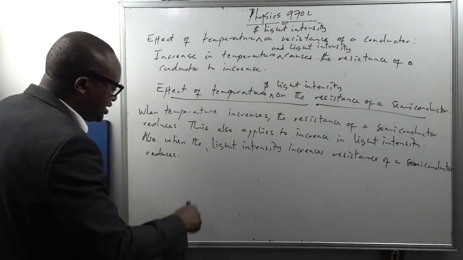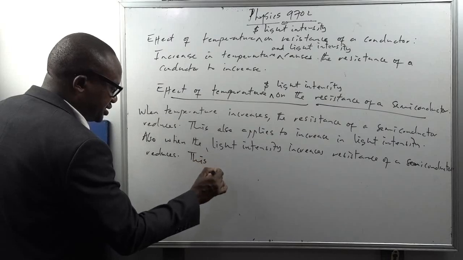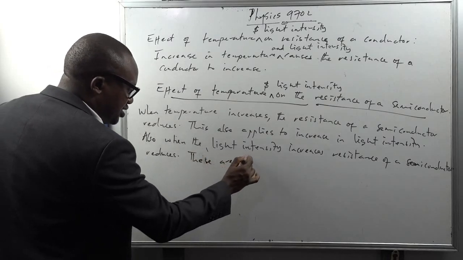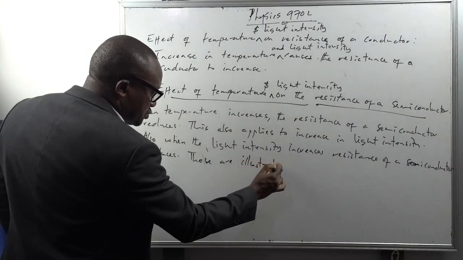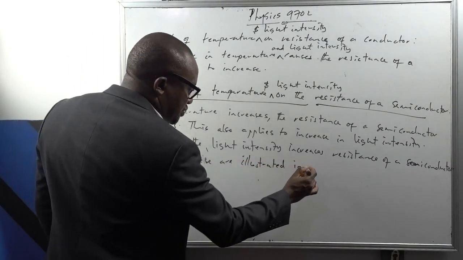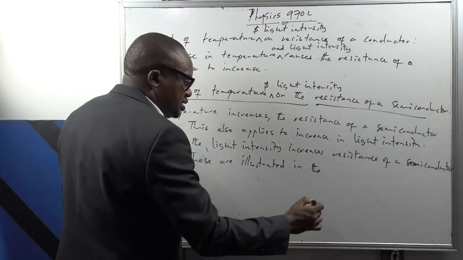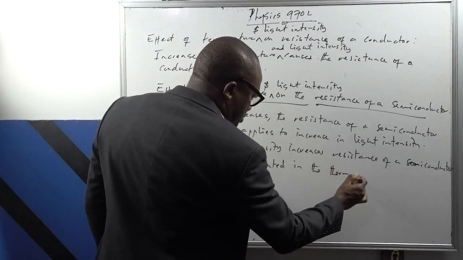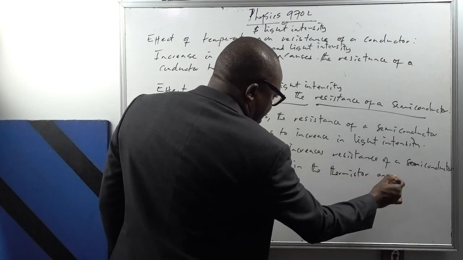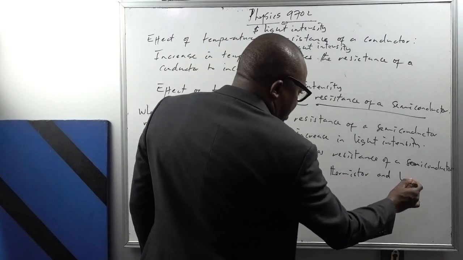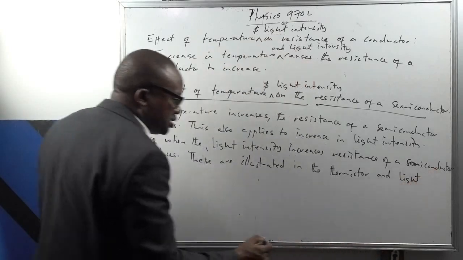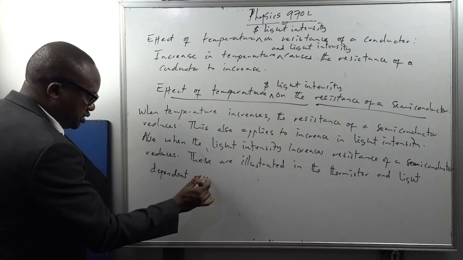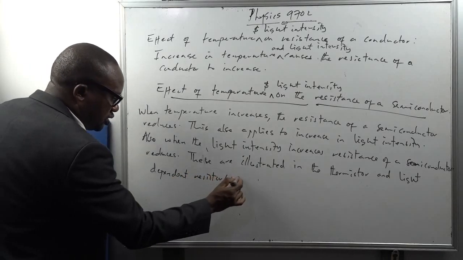So we can say that these are illustrated in the semiconductor, in the thermistor and the LDR, the light dependent resistor, which is called LDR.